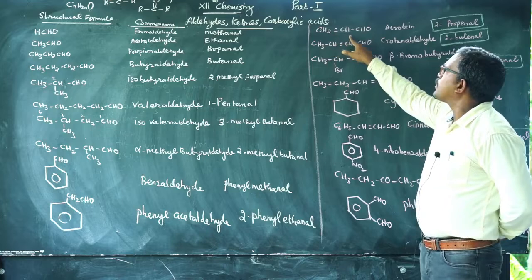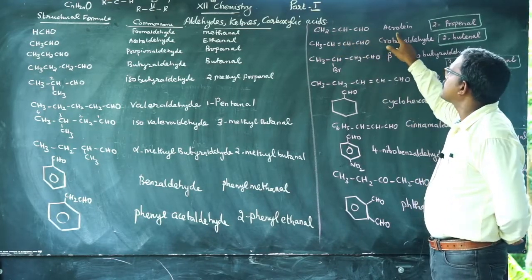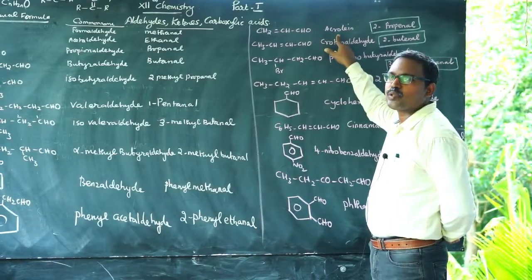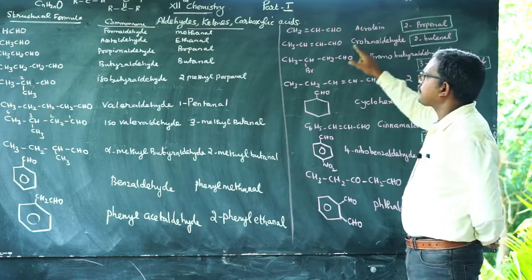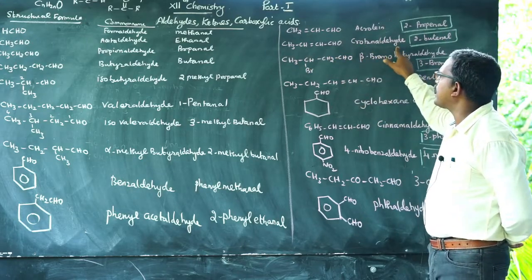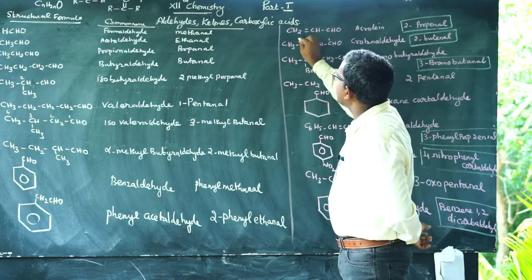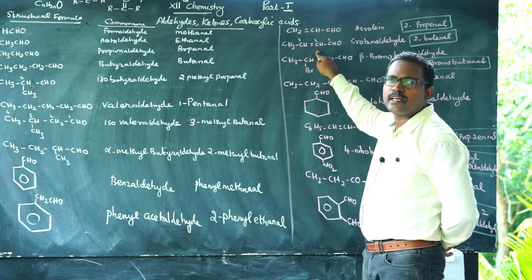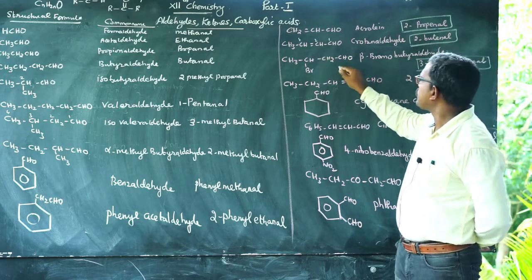And then aliphatic unsaturated aldehydes. The first one is acrolein, 2-propenal. This is crotonaldehyde, 2-butenal. Carbon number 1, 2, 3. Between carbon number 2 and 3, a double bond is present, therefore 2-butenal.